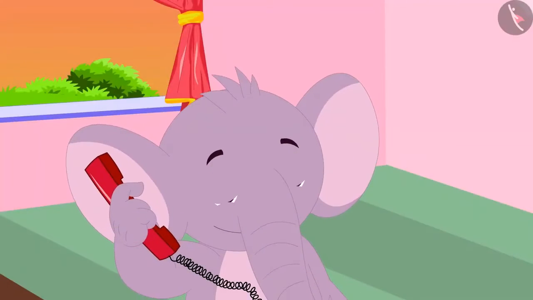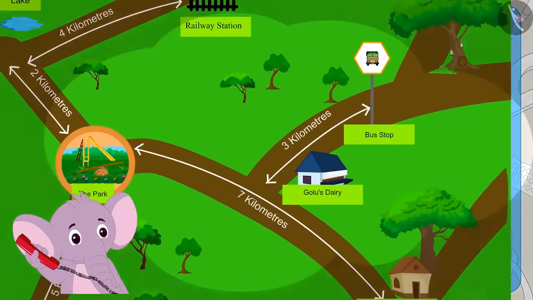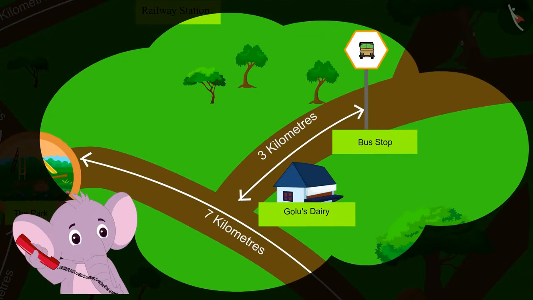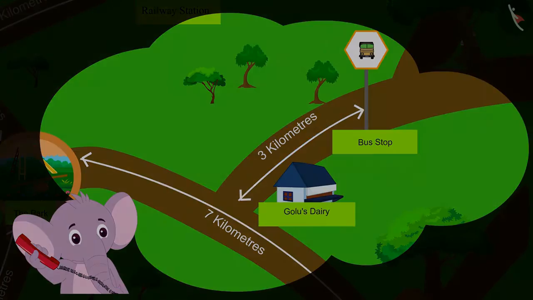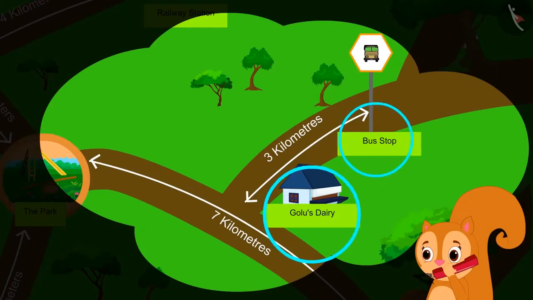Appu told Chanda, Look, can you see Golu's dairy on the map? The dairy is 3 kilometers away from the bus stop. Chanda quickly noticed the places on her map and also saw the distance written between them.